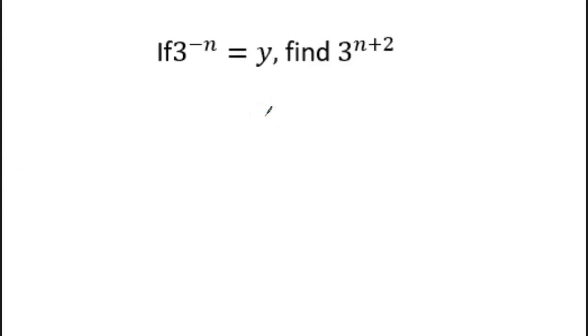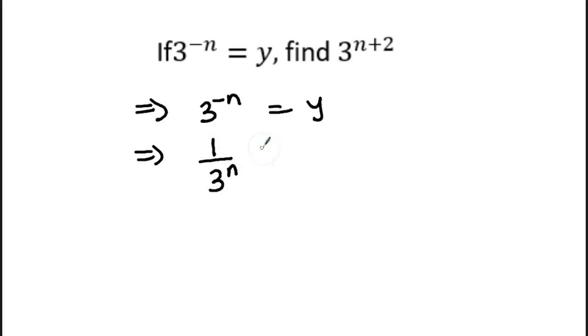I want you to pause the video and try it first. So this implies that 3 raised to the power minus n is equal to y. Now according to indices, you can write this as 1 on 3 raised to the power n is equal to y.